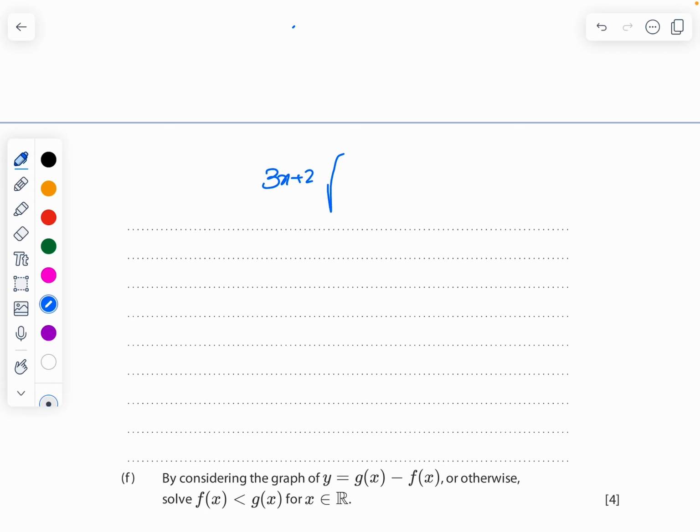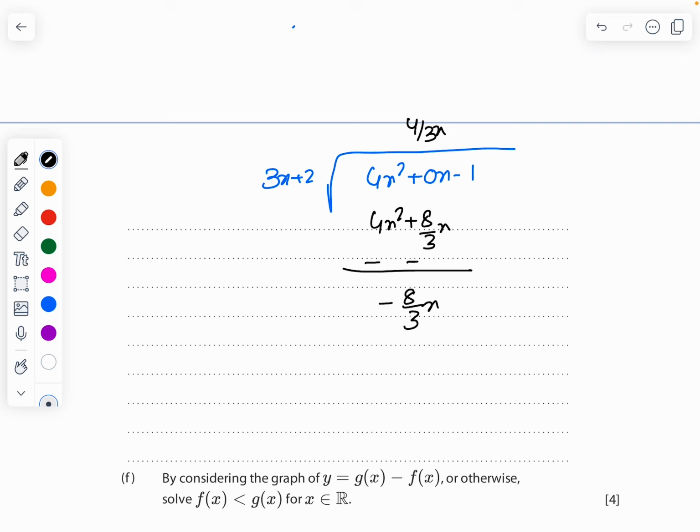3x plus 2 divided into 4x squared plus 0x minus 1. So it becomes 4 upon 3x. Multiply with 4 upon 3x, it becomes 4x squared plus 8 upon 3x. Subtracting, minus 8 upon 3x minus 1, so it's going to be minus 8 upon 9.